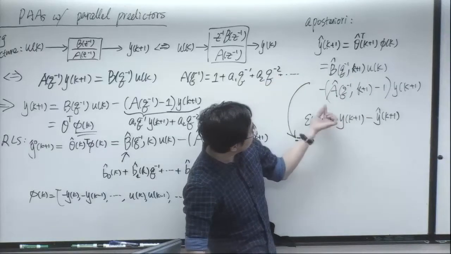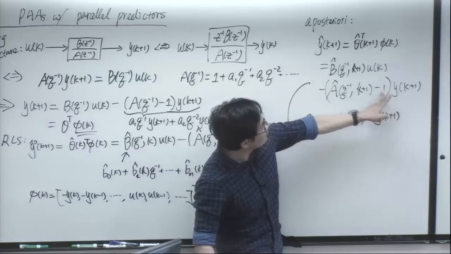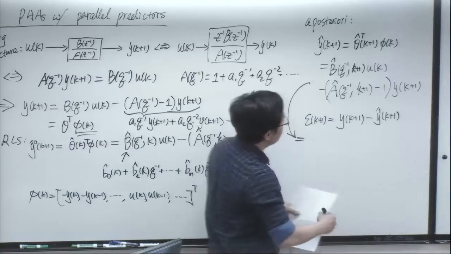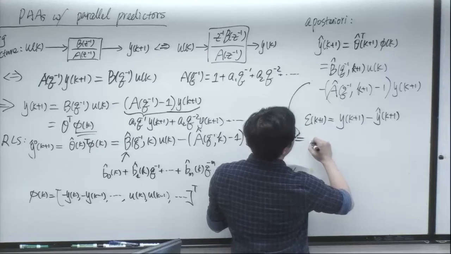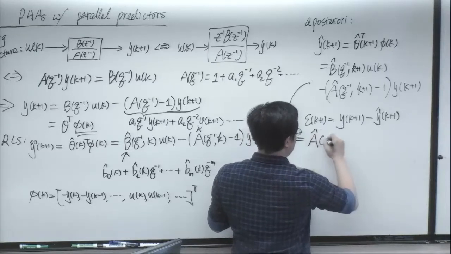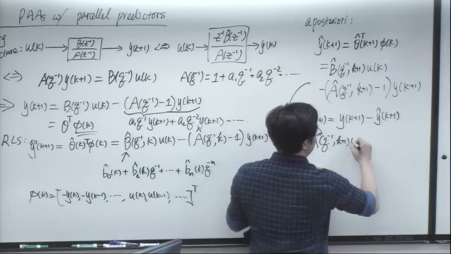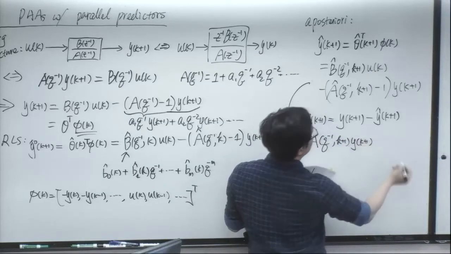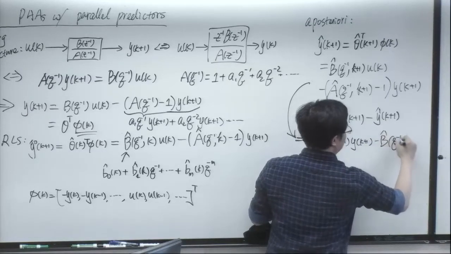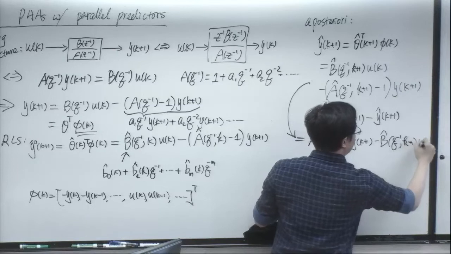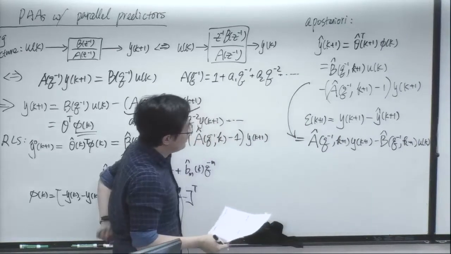So y_{k+1} is going to cancel out with this term over here after it multiplies out. Some algebra is going to give you the result: a hat q inverse k plus 1 y_{k+1} minus b hat. All right.